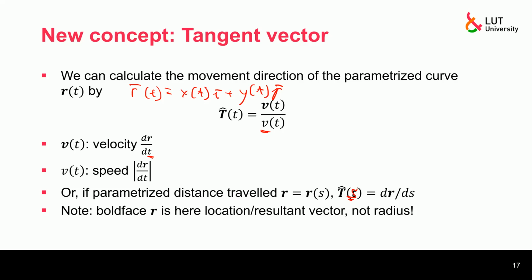The boldface is the resultant vector, not radius, but of course if we take the magnitude of that, you'll get the radius. So the radius and angle representation of a vector will end up looking a lot like polar coordinates.